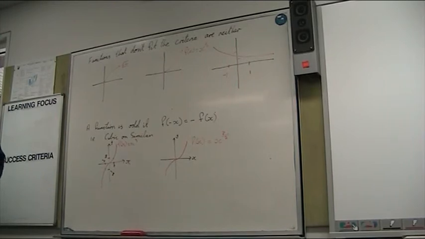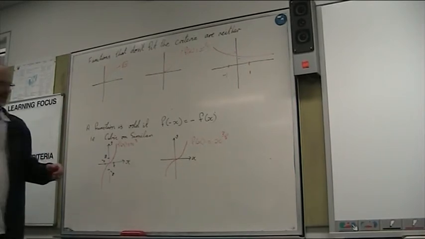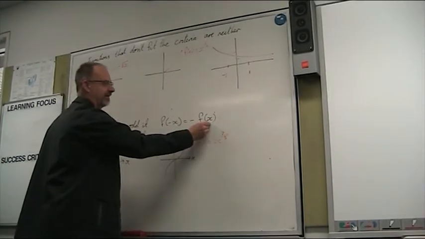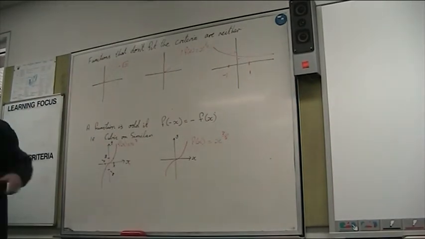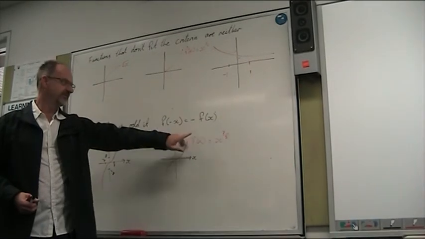And also functions that don't pass through 0, like that example before that Zeke brought up. That's what we're comparing: negative x and x. Put them in the function, do we get the same answer? If we get exactly the same answer, it's even.